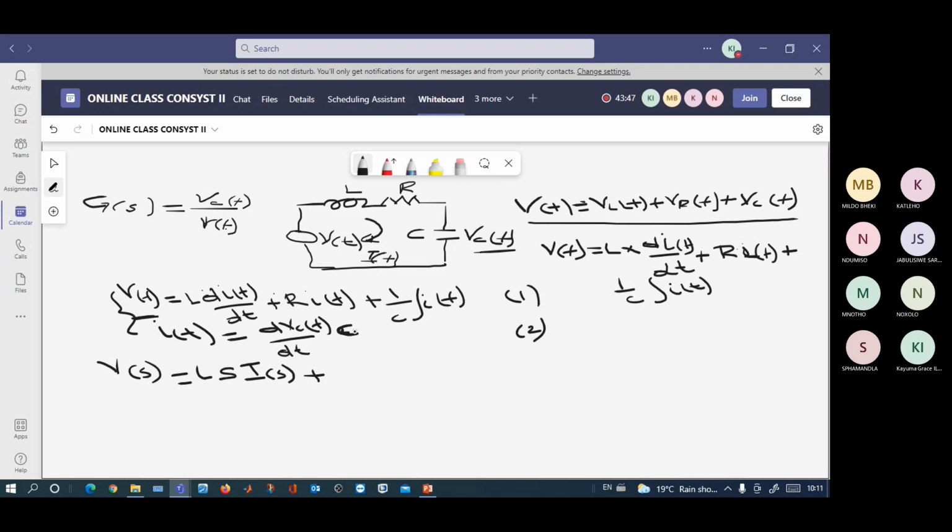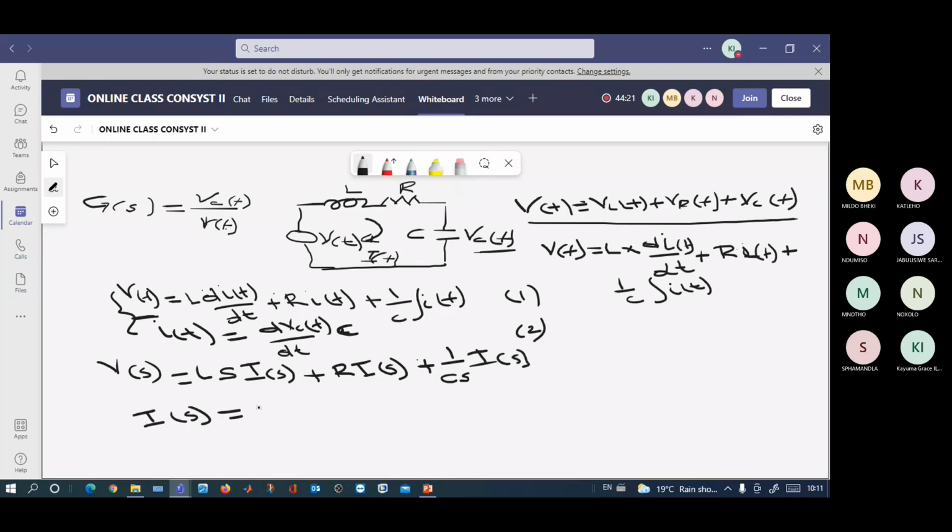Then plus R I of s, then plus, the Laplace of an integral is going to be 1 over C times s, I of s.